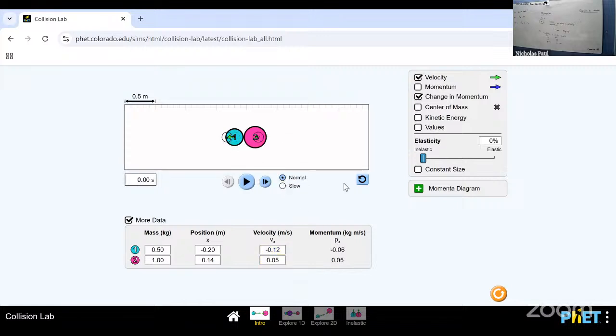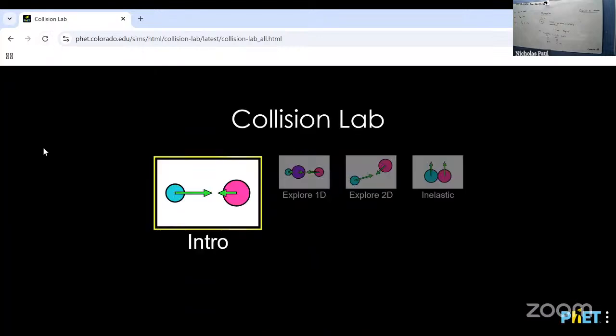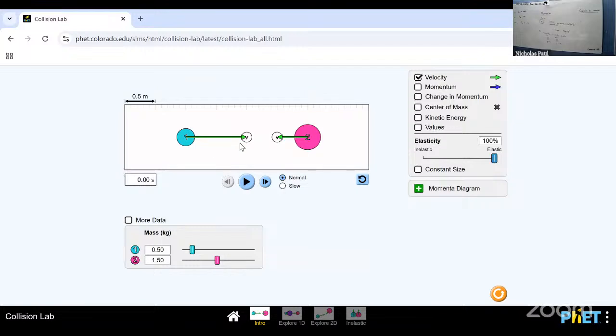I can't move the balls. If you put the velocity there, then they can move away. All right.